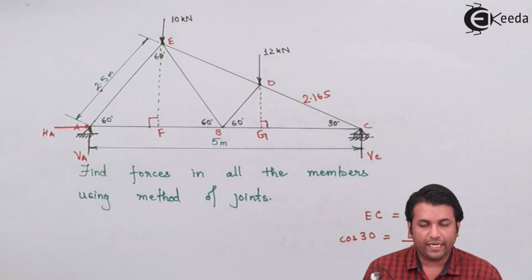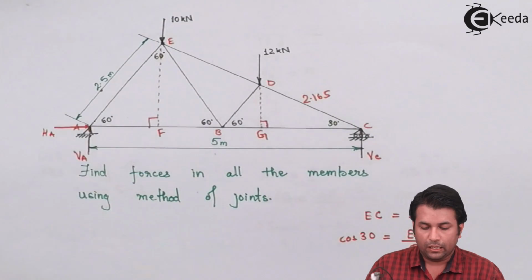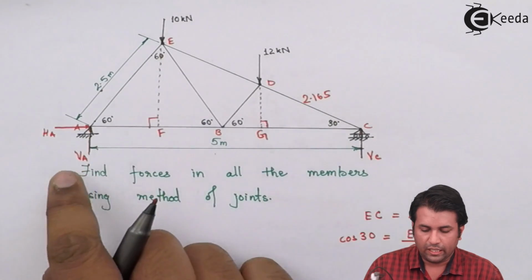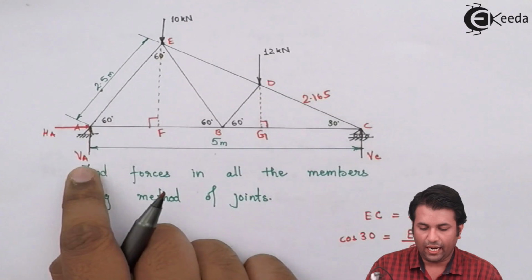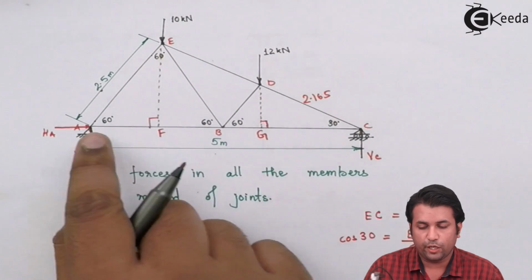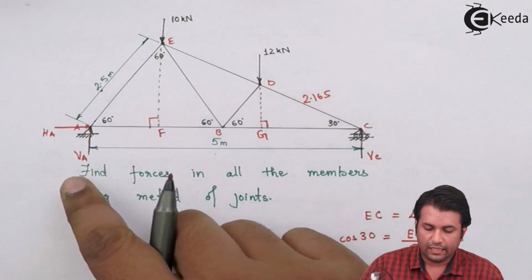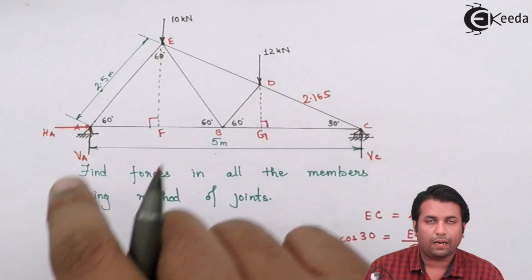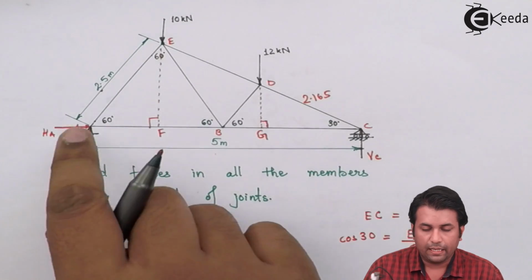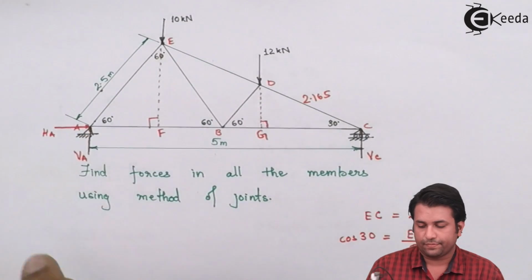So if I go to joint A, for example, the reaction force in the horizontal direction is 0. VA, I have got the value for that. This member, AB, is an unknown force member for me. Similarly, AE also happens to be an unknown force member. So I can apply the method of joints at A.